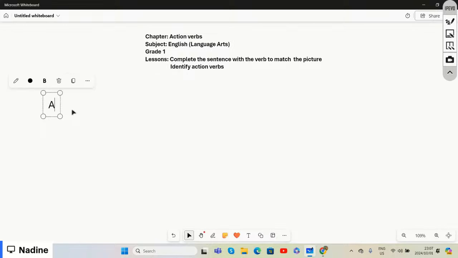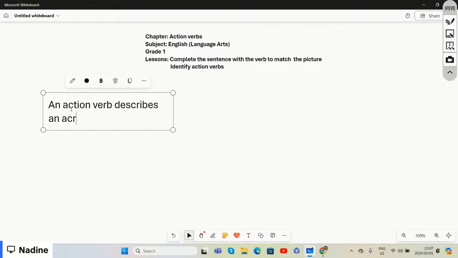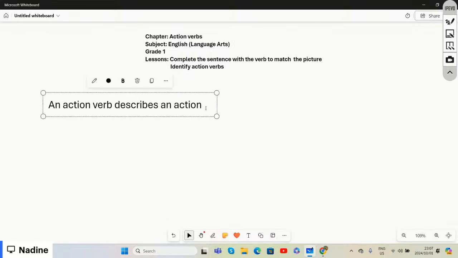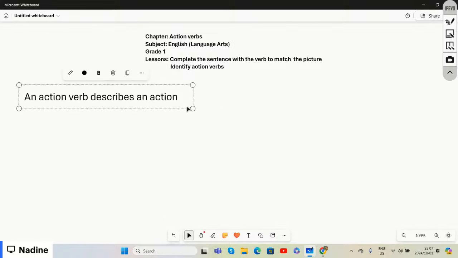So we can say an action verb describes an action. Examples of action verbs are to cry, that's an action verb.